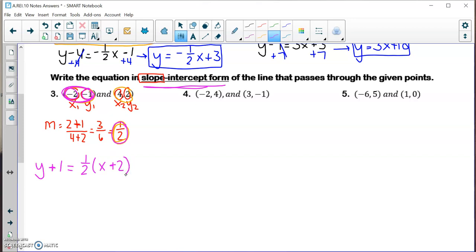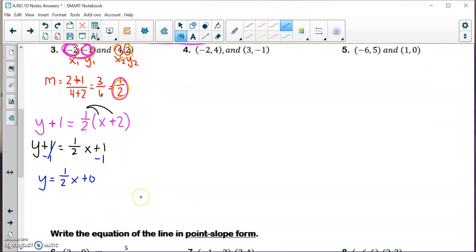That's point-slope form. We don't want it in that. We want it in slope-intercept form. So now all we do is we distribute and isolate y. So we're basically doing the same thing that we did in numbers 1 and 2, only we need to take it a step further and actually find our slope, because in numbers 1 and 2, they gave us our slope.